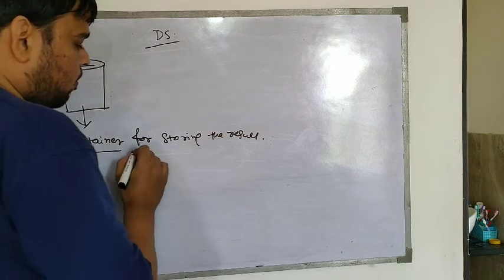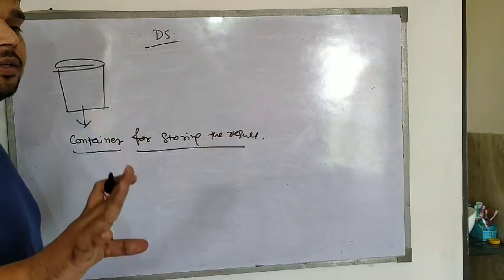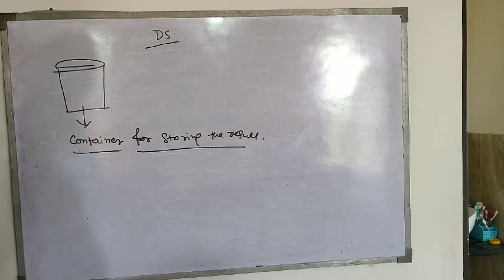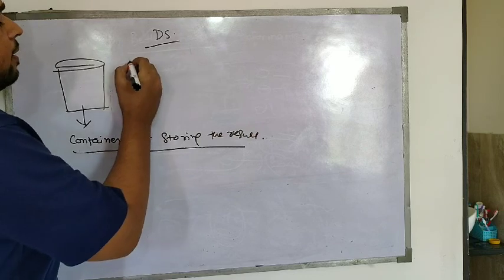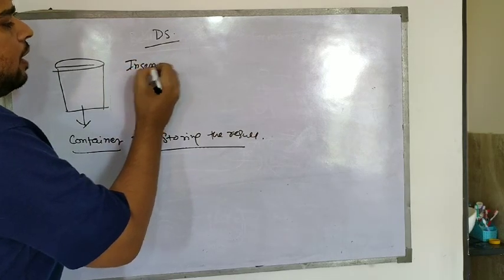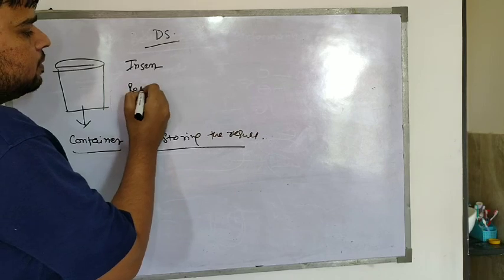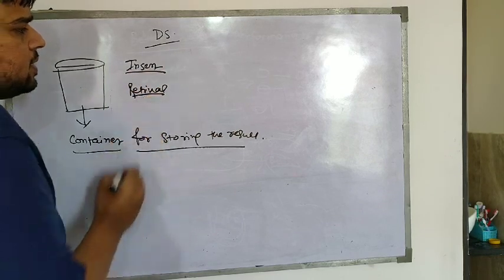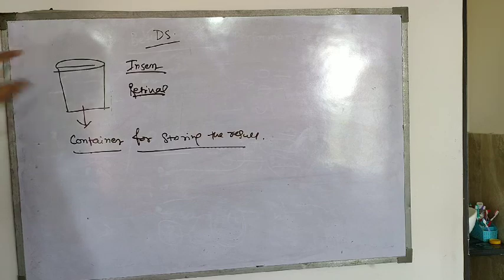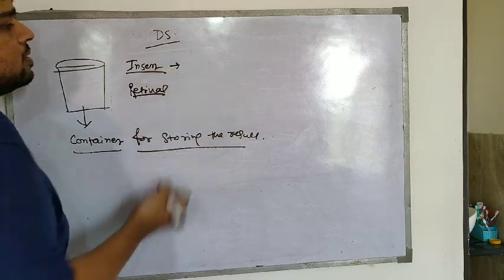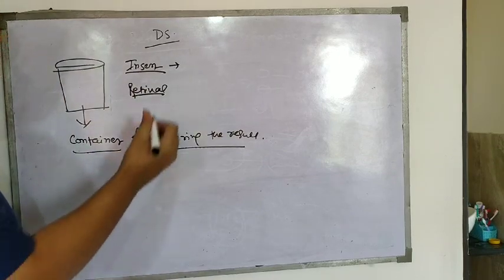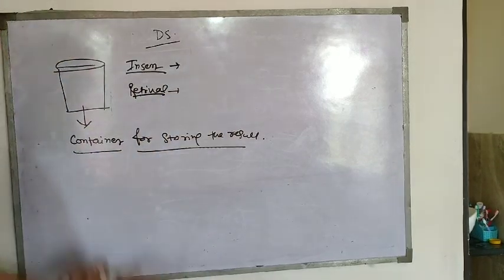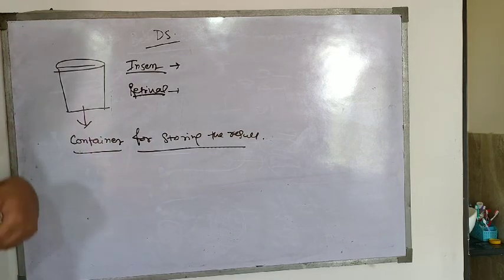All data structures store the data, but their performance is decided by insertion and retrieval. If you insert one particular element in your data structure, how much time will that operation take, and how much time will it take to get back an element which is already in your data structure?